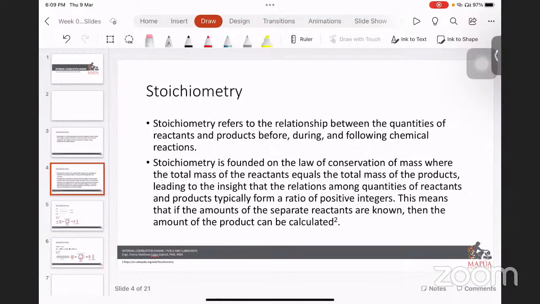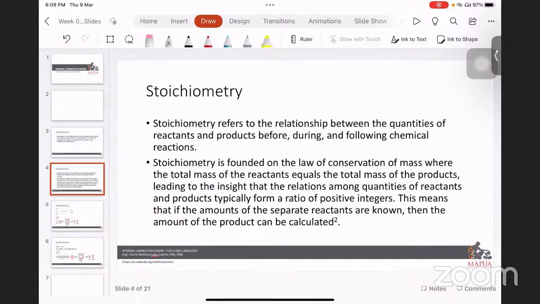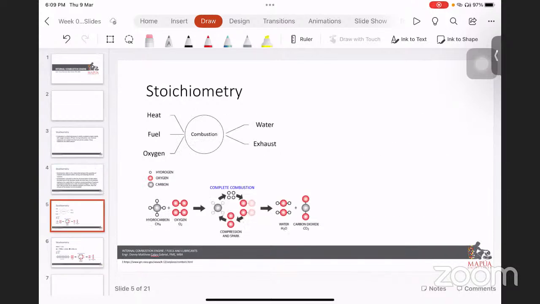Total mass of reactants is equal to the total mass of products. So yung total mass of reactants mo, yung fuel tsaka yung oxygen, is equal to the total mass of your exhaust. So ang products mo ay exhaust and water.